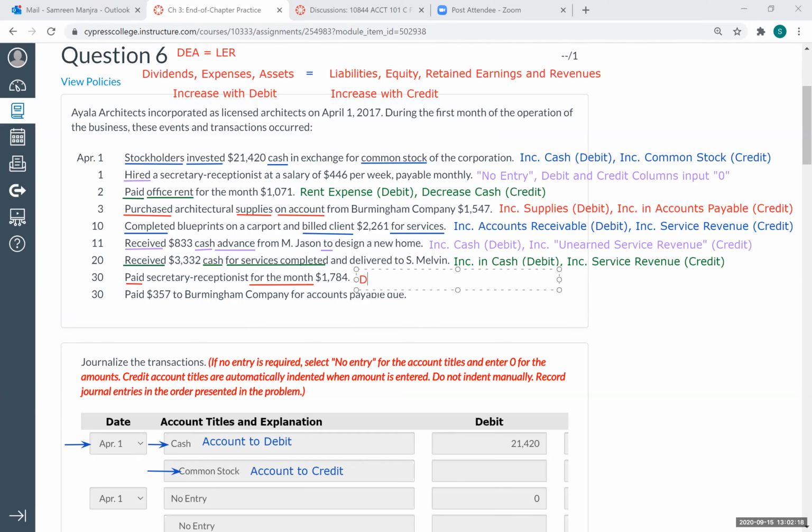So that decrease in cash is going to be a credit. And the reason why my cash is going down, it's decreasing, is because I have salaries and wages expense for the employees that have worked, and my expenses will be noted with a debit.